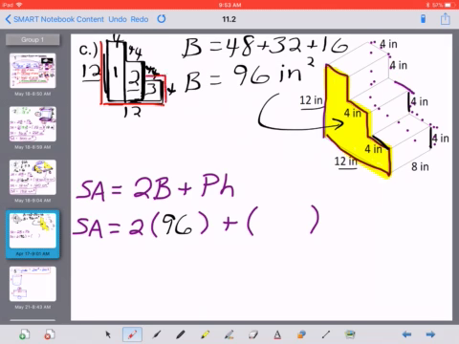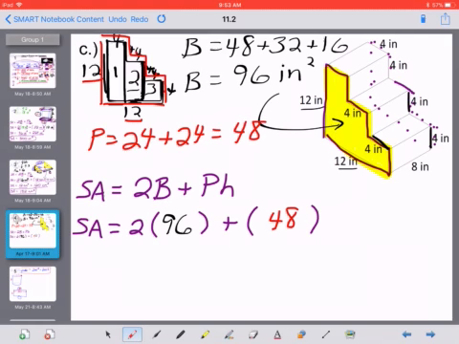We've got 1, 2, 3, 4, 5, 6 4s. So the 12 and the 12 are going to get us 24. And we're going to add to that the 6 4s that we just came up with on the staircase, which is also going to be a 24. So the perimeter of that figure is going to be 48 inches.